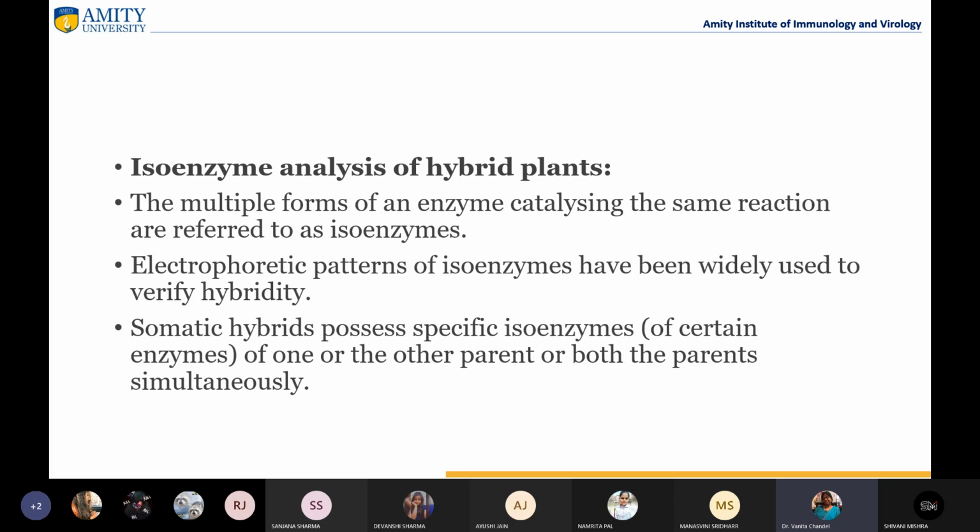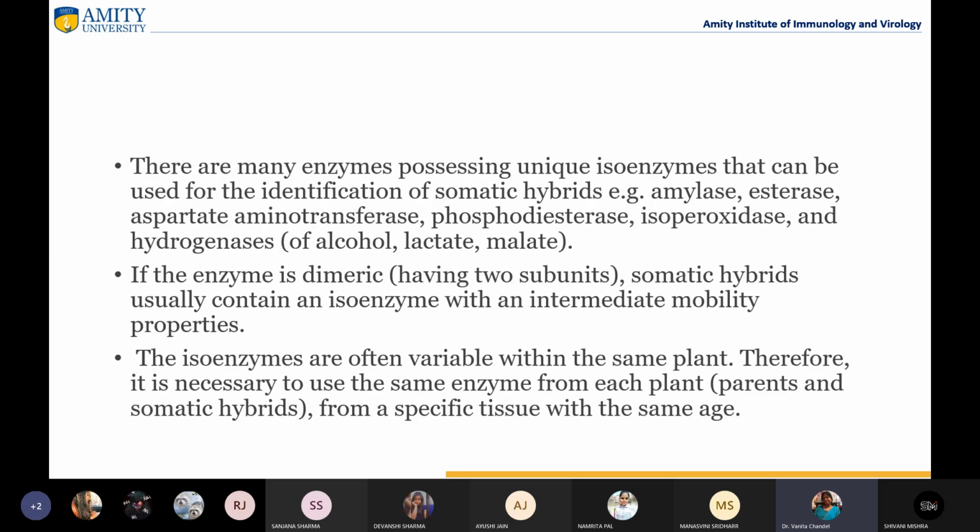Somatic hybrids possess specific isoenzymes or certain enzymes of one or other parents or both the parents simultaneously. So they are having those kind of isozymes. There are many enzymes possessing unique isozymes that can be used for identification of somatic hybrids. For example, amylases, हो गया आपका, esterase हो गया, aspartate हो गया, isoperoxidase हो गया, right? So all different kinds of enzymes.